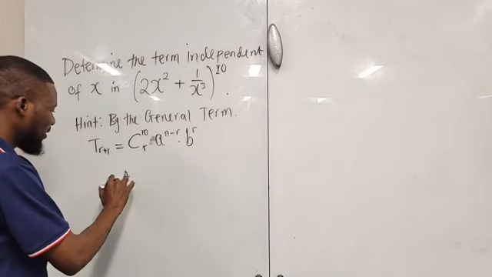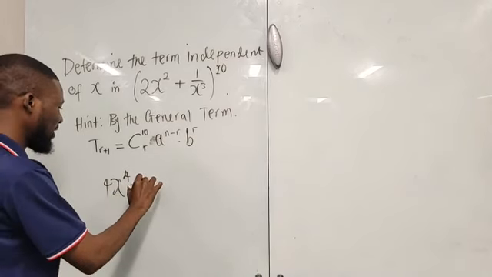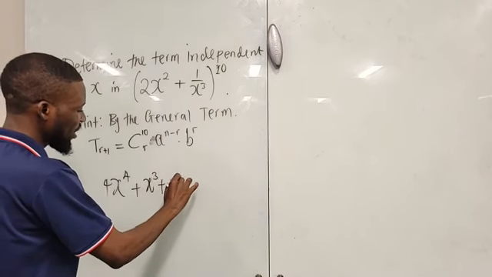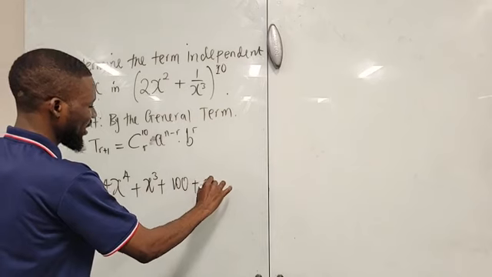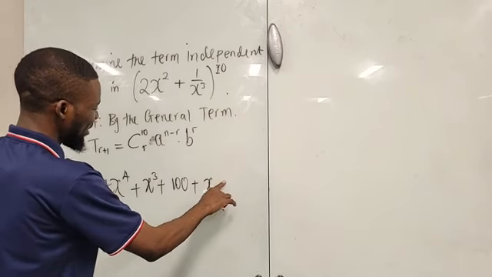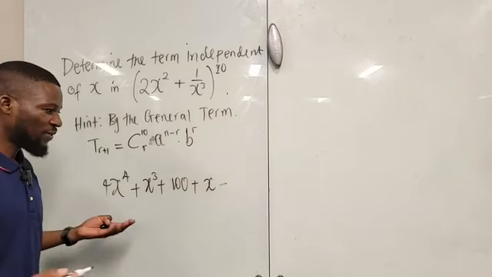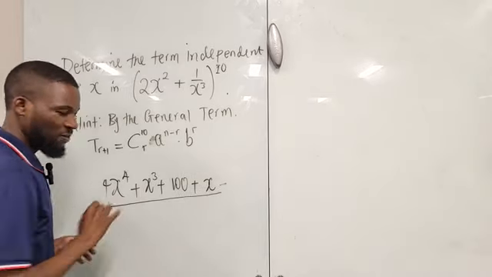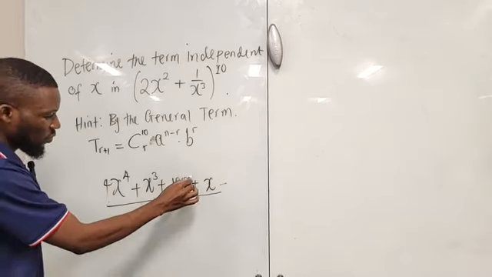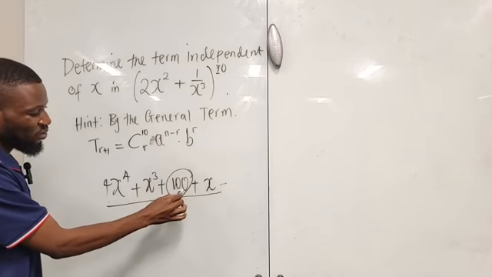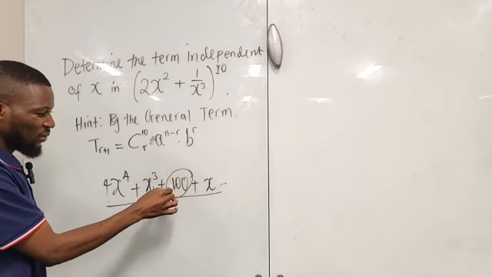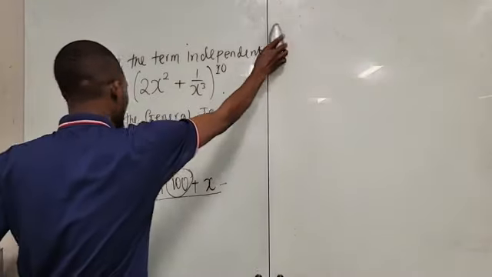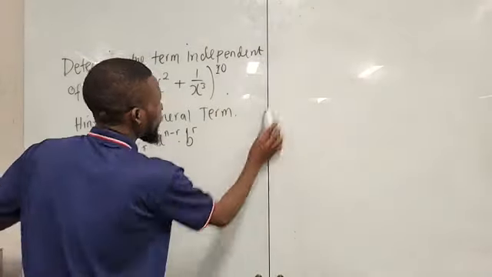This may be 4x power 5 plus maybe x power 3 plus, let's say maybe plus 100, then plus x, then just like that. So if you have a binomial expansion which has this kind of an expansion, just an example, so 100, because it has no variable x, we say this is a term independent of x. Okay, so let us proceed.